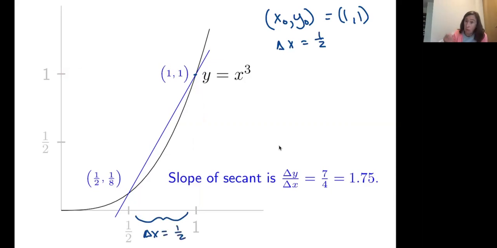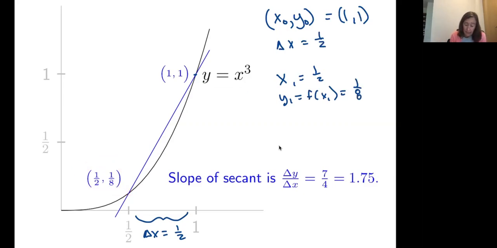Just as I was doing in the other examples, x1 is 1/2. Then I use the function y equals x cubed to calculate my y1. That's important. That's how we're making this about the function x cubed and not about some other function. So y1 equals f of x1. What is 1/2 cubed? It is 1/8. So that's how I get to this point here.